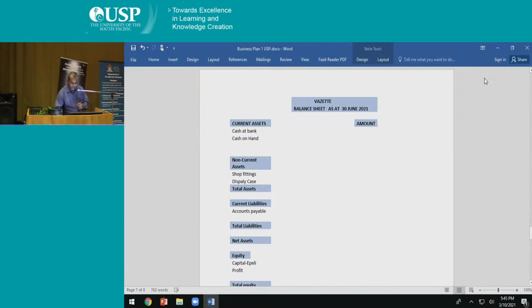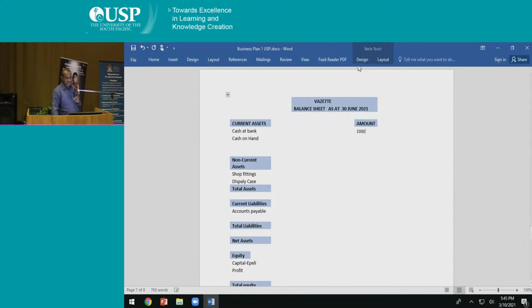Okay. Let's move on. Balance sheet. Balance sheet is also part of the finance in any business. What is cash at bank? Money that you have in the bank at that particular time.